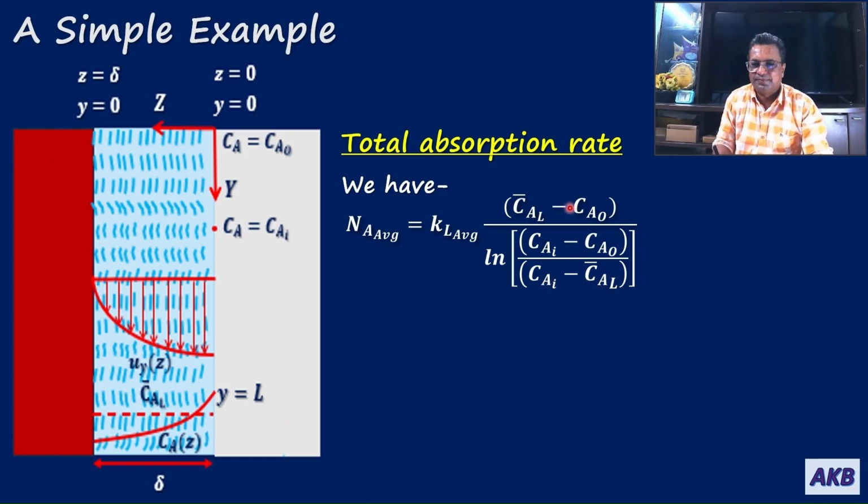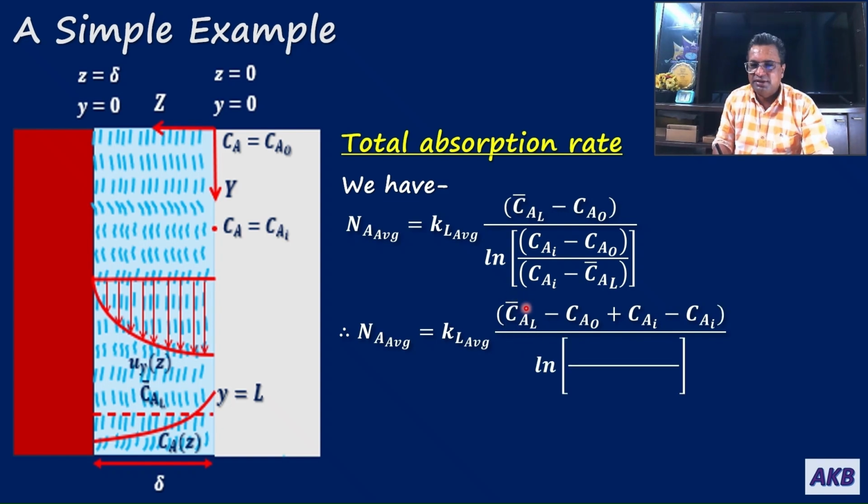So NA average is equal to KL average into CAL bar minus CA naught plus CAI minus CAI. I have added CAI and at the same time I have subtracted CAI, divided by ln of CAI minus CA naught divided by CAI minus CAL bar.